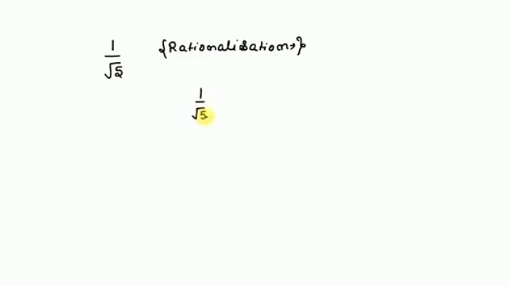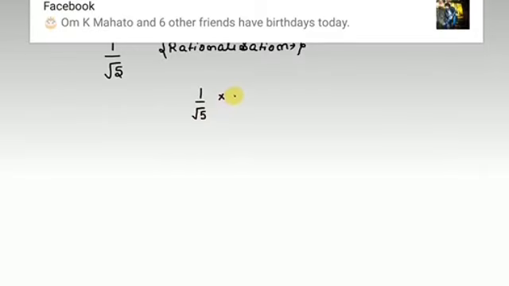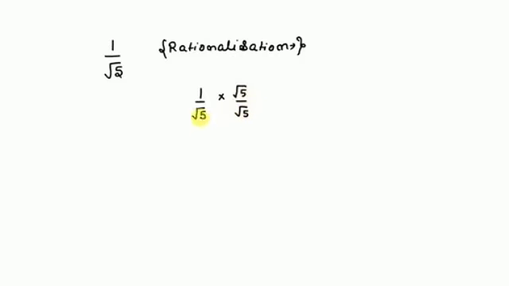We can multiply any number by 1 and there will be no change in it, and we may write 1 as root 5 by root 5, because root 5 by root 5 will cancel out and become 1. 1 into any number is the same number, so there is no change, and hence we can write 1 by root 5 as 1 by root 5 into root 5 by root 5. Now multiply it. 1 into root 5 is root 5, root 5 into root 5 is root 5 square, so it will be root 5 by 5.